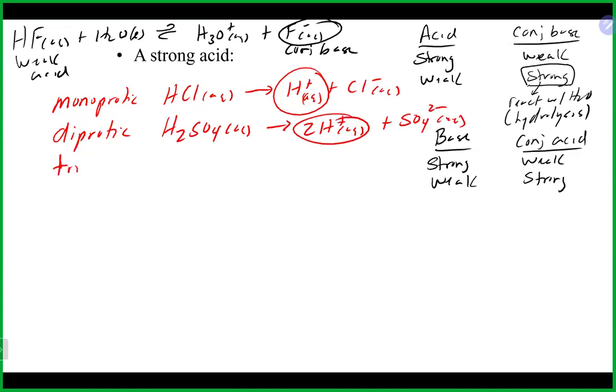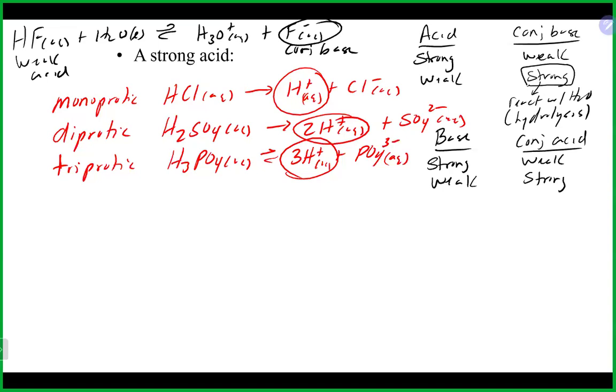And we could have a triprotic acid, like phosphoric acid, where when it breaks apart, it will produce 3 hydrogens, and that's known as a triprotic acid.